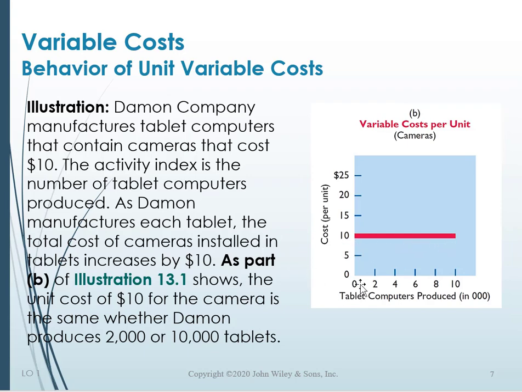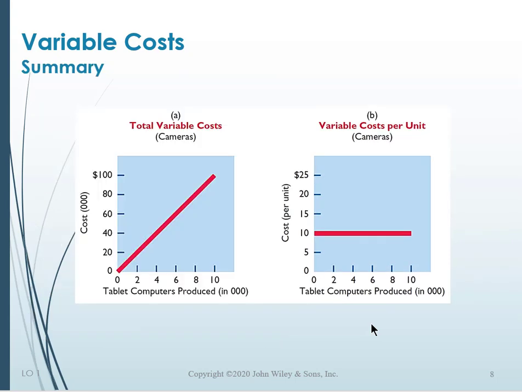In this activity level, it is all $10 per unit. So the cost per unit is constant, and the variable here applies to the total cost, that the total costs reflect changes in the actual activity level. So total cost increases, variable cost per unit is the same.